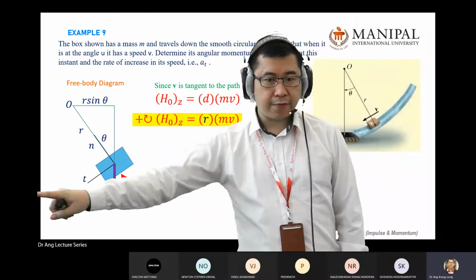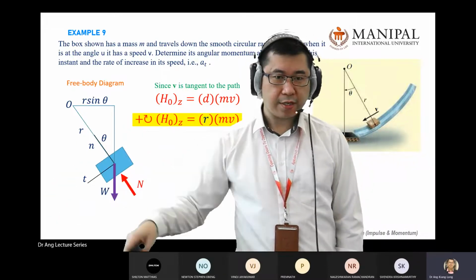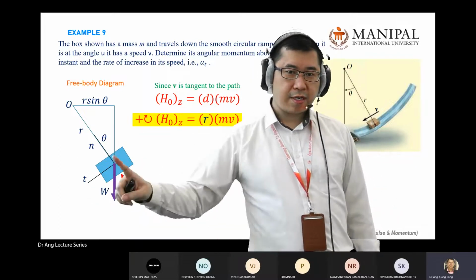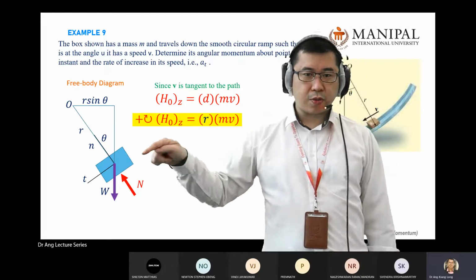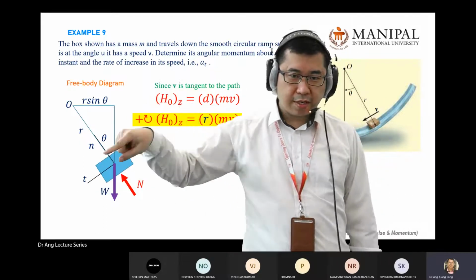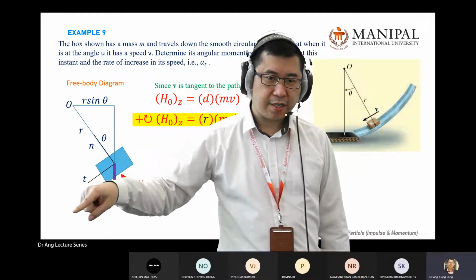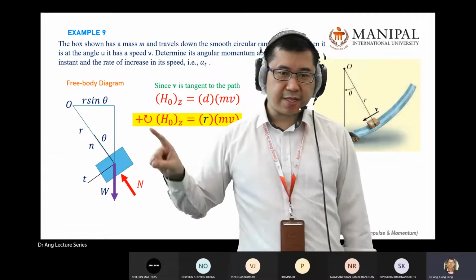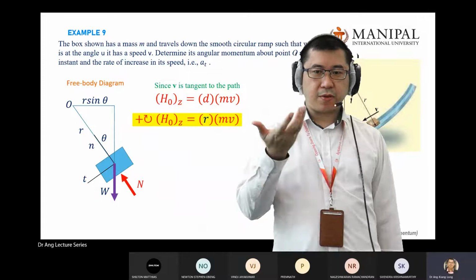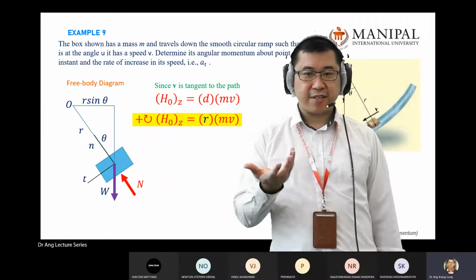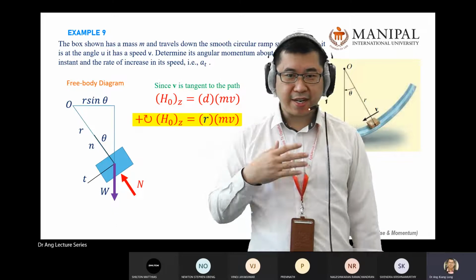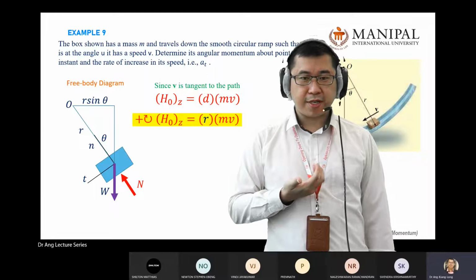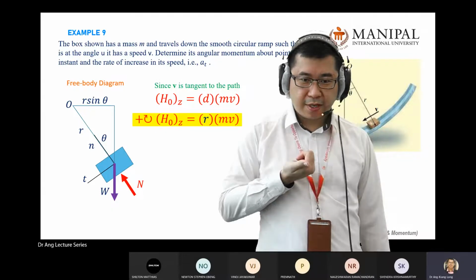Where is the direction of v? V is in t. T and r give you clockwise direction. So when you use the right-hand rule, where is the z? If I'm looking at the monitor, my thumb is pointing into the screen.